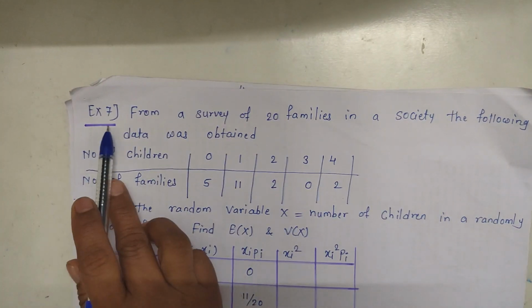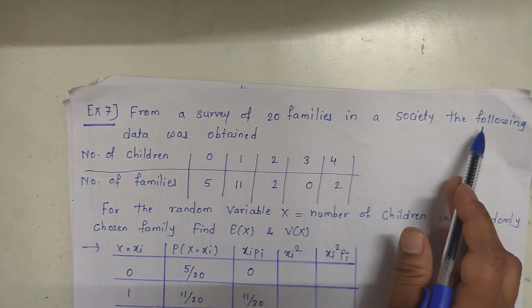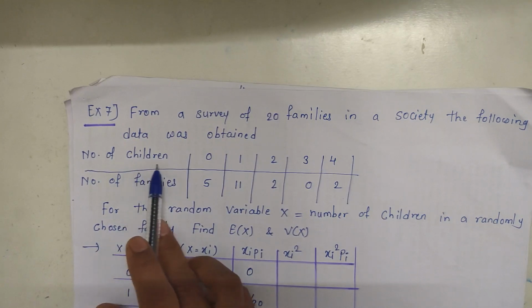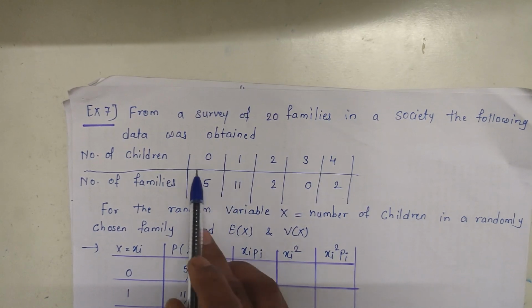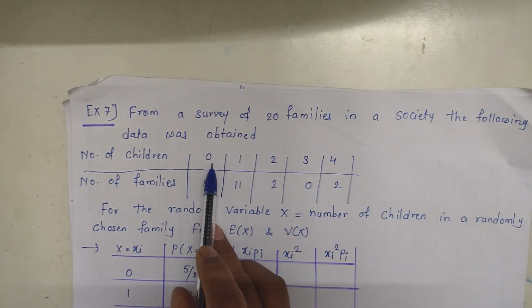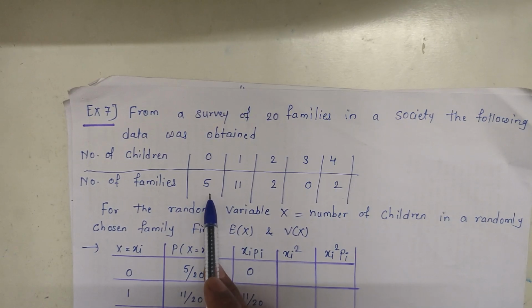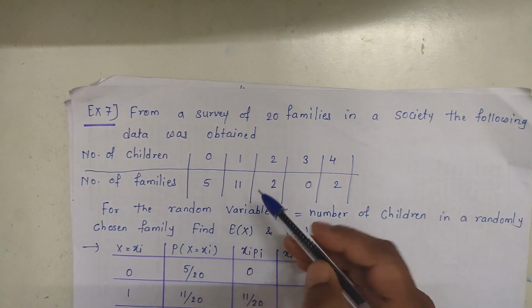Let's see example number 7. From a survey of 20 families in a society, the following data was obtained. In the first row, the number of children is given, and in the second row, the number of families. The number of children are 0, 1, 2, 3 and 4, and the number of families are 5 families with 0 children.